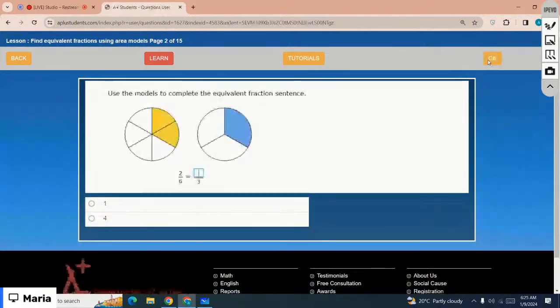Use the models to complete the equivalent fraction, which is the correct option. Which number is missing? Yes, that is 1 out of 3 because here only one portion is colored, right? So that would be 1 out of 3.